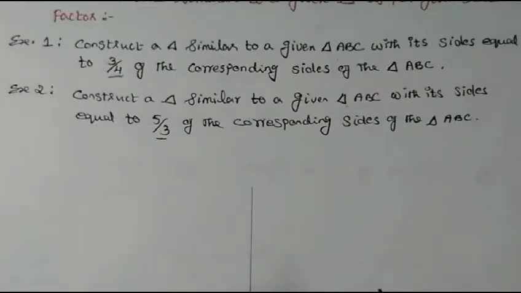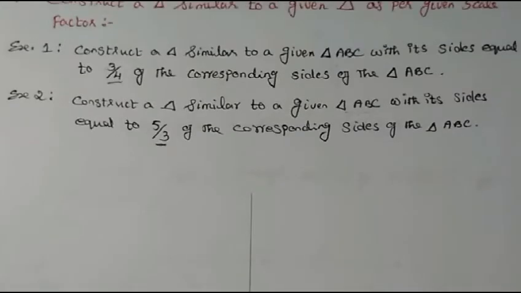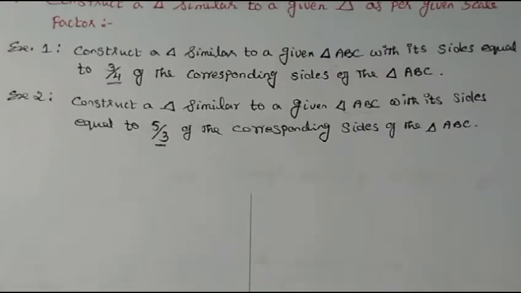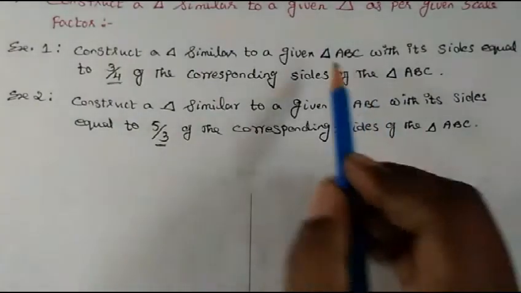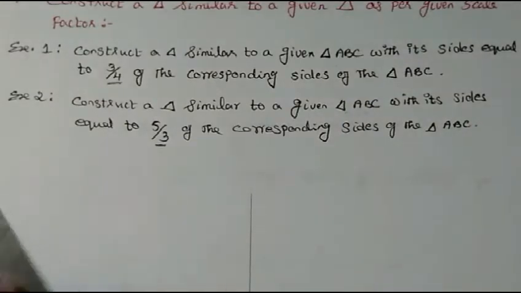Then the justification, we can do it in another video. I'll show you how to justify, otherwise the video will become very long. So let us see how to construct both. We take the triangle first. Since measurement is not given, we just take one triangle.